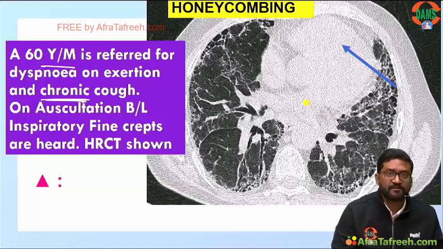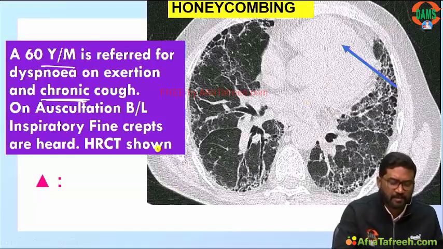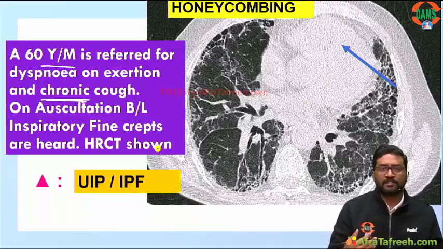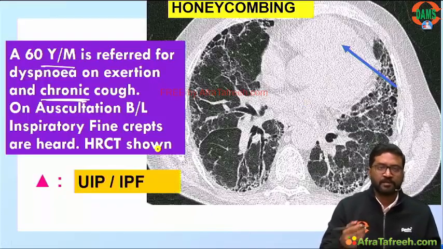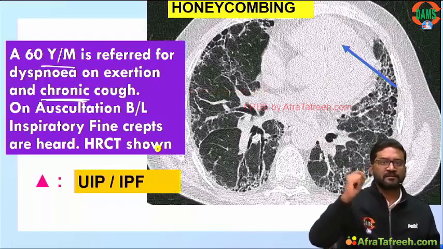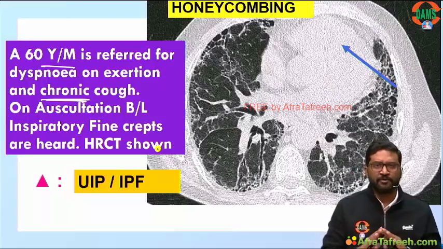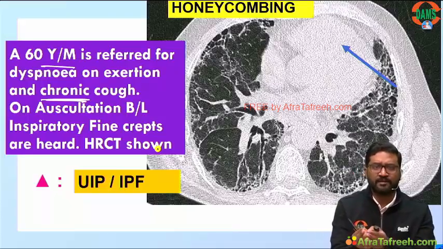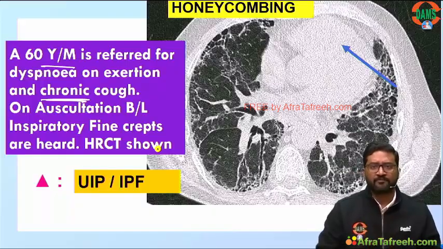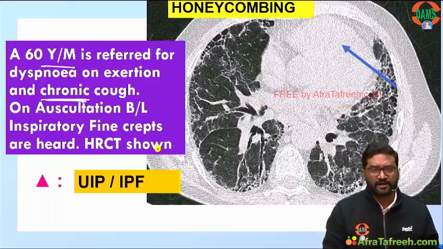If you see this in combination, it is UIP. UIP means usual interstitial pneumonia. When you are unable to tell the etiology and you don't know why this has happened in this patient, it is called IPF, idiopathic pulmonary fibrosis.